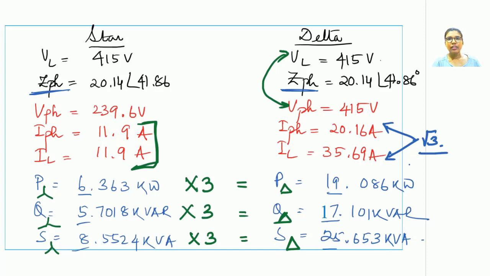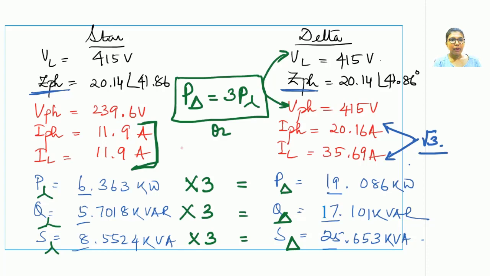So the important derivation over here is that the power for a delta connection, when the loads remaining same are being connected in delta, will be 3 times the power obtained for a star connection. By loads remaining same, I mean the value of Z phase would remain same.